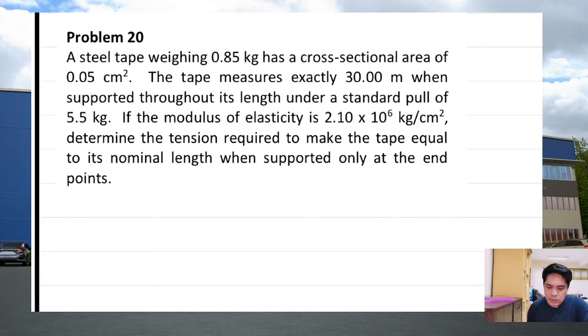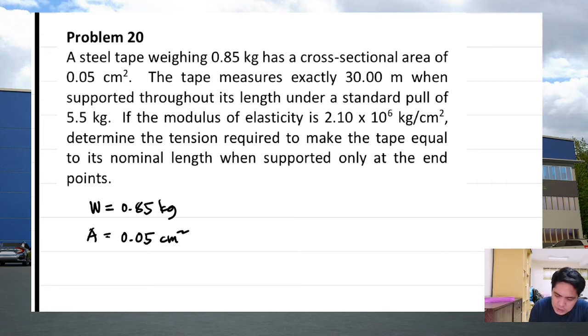Okay, usually kasi pag binigay yung weight ng tape or mass ng tape, involved na doon yung sag because we are involving gravity dito. Okay? So, the steel tape weighs this. So, that would be our W, 0.85 kilogram. Then the cross-sectional area, so that would be capital A, 0.05 square centimeter. The tape measures exactly, okay, so that is the nominal length of the tape, which is 30 meters.